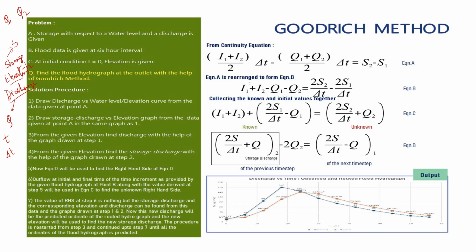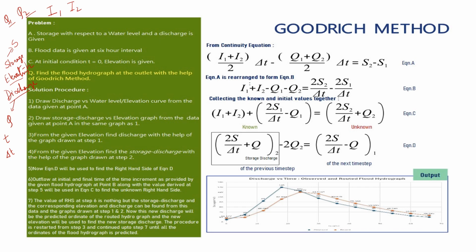So 1 is representing the initial time, 2 is representing the final time or finishing time. Similarly, I is referred to as inflow, and I1 is the inflow at the beginning of the time period, and I2 is at the end of the time period.